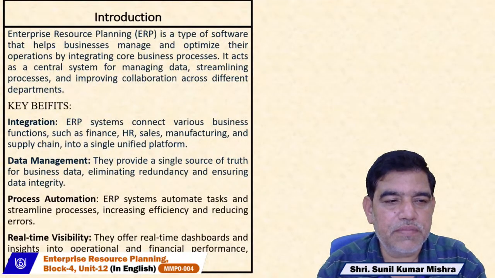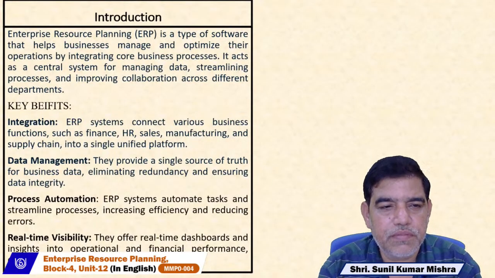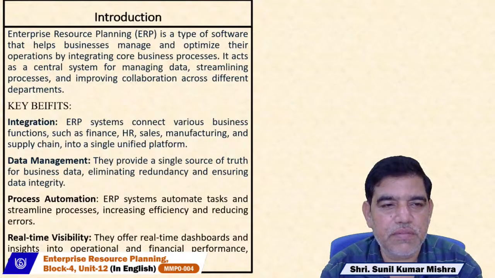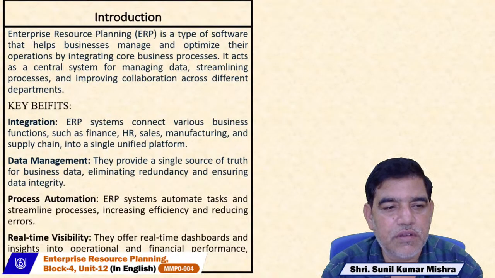So ERP is basically used in the business organization to integrate all the departments, or to integrate all the functional areas of the business organization, from supplier to stakeholders, for the smooth operational process in an organization.